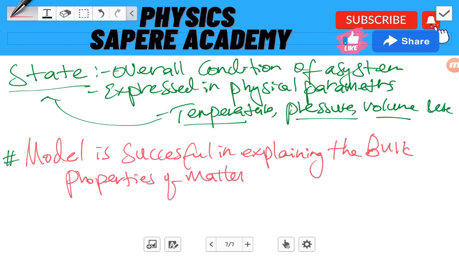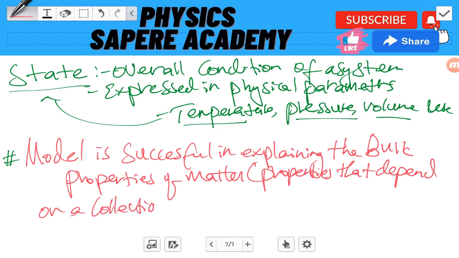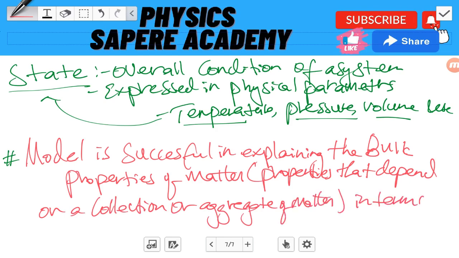Bulk properties are simply properties that depend on a collection or an aggregate of matter in terms of microscopic properties of particles.